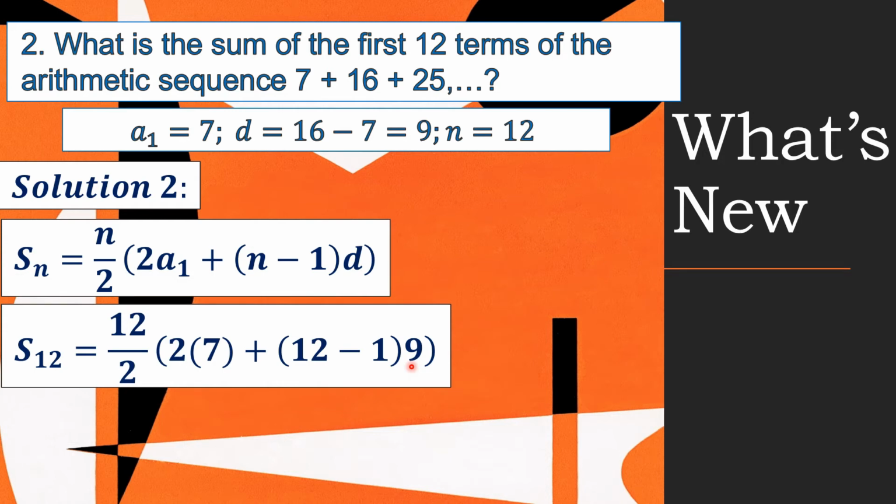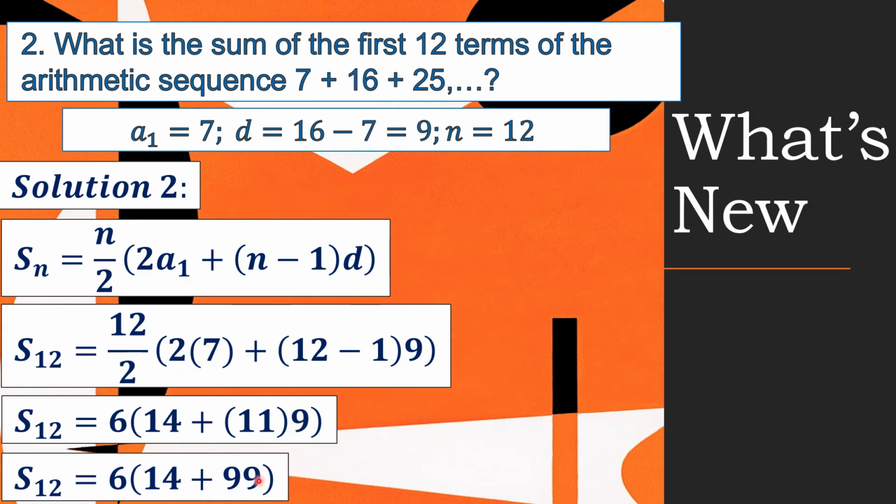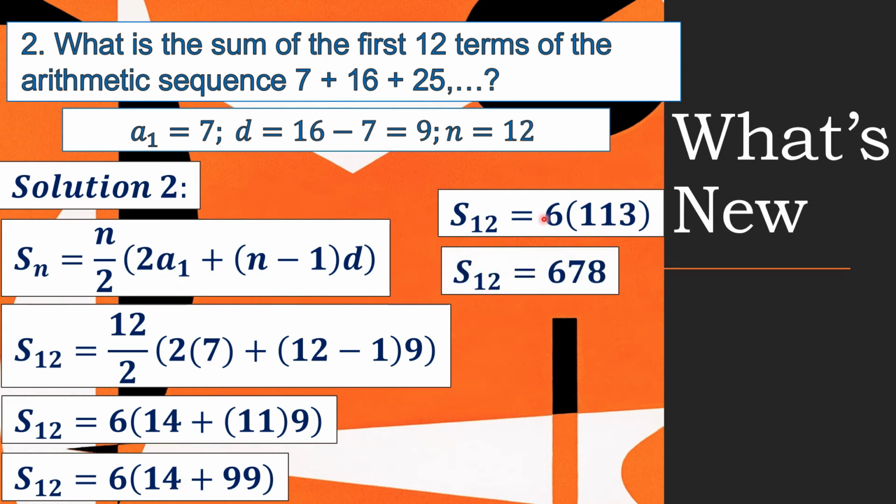Simplify muna natin yung nasa loob ng parenthesis. 12 minus 1, that is equal to 11. Tapos yung 12 divided by 2, that is 6. And 2 times 7, that is equal to 14. Then next, 11 times 9, that is equal to 99. And 99 plus 14, that is equal to 113 times 6, that is equal to 678.